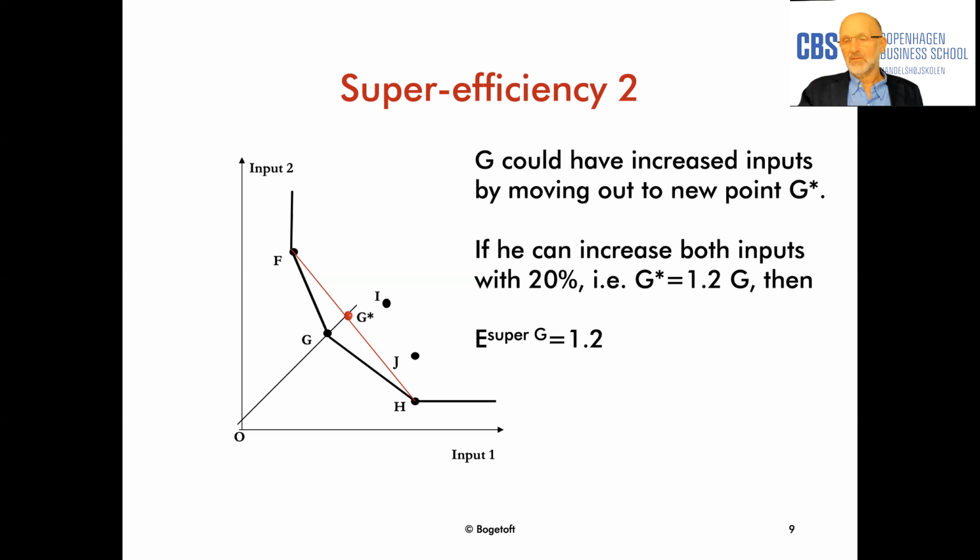This one may get 1.2, this might get 1.4, and so on. So you can differentiate among the firms that are fully efficient in the normal Farrell sense. Okay, so that was the initial purpose of introducing super efficiency: to differentiate and get a more detailed description of performance on the frontier.